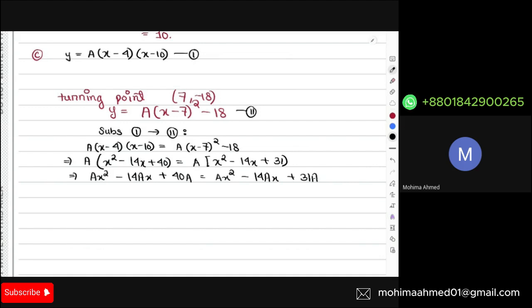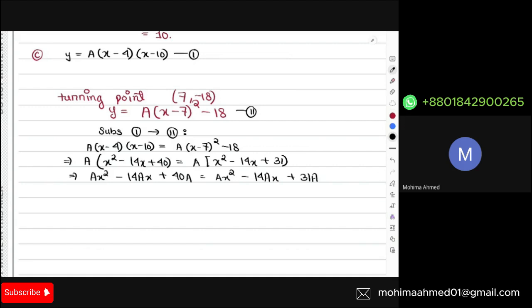Now from here, even if I compare, I'm not going to get any value directly. From this substitution method, I won't be able to find out the value for a.